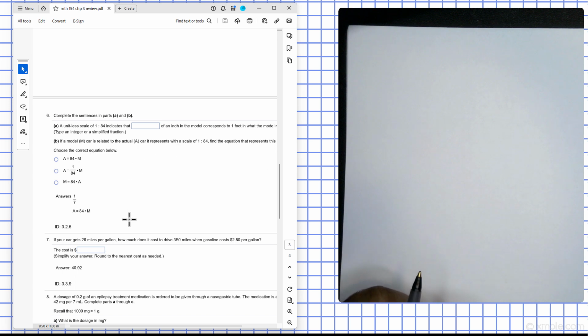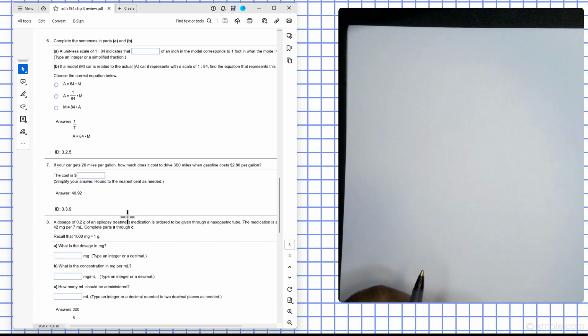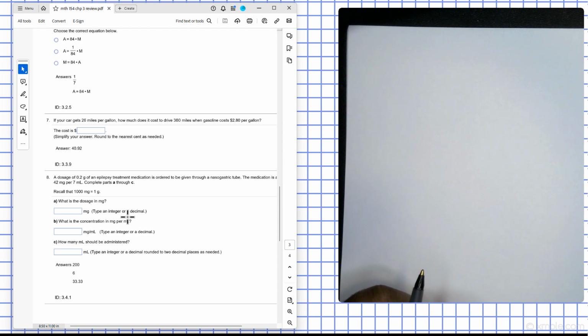So let's take a look at number 7. Number 7 says, if your car gets 26 miles to the gallon, how much does it cost to drive 380 miles when gasoline costs $2.80 a gallon?